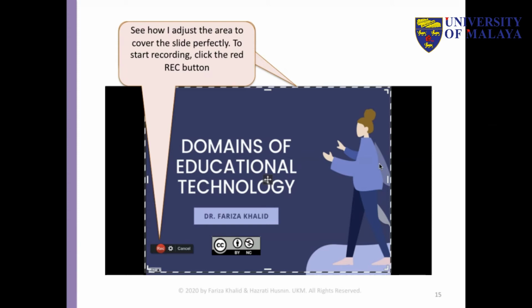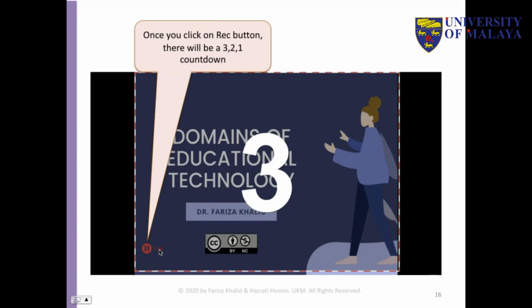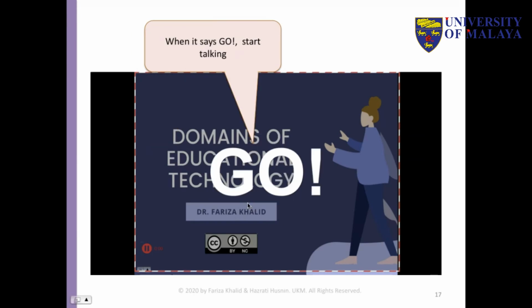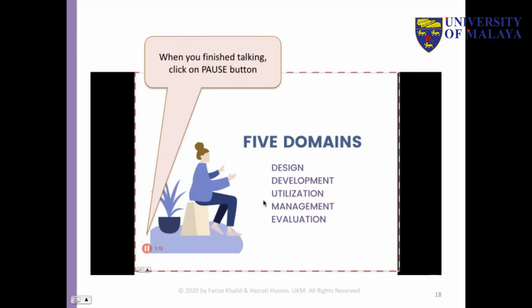So in this case, you have to adjust the frame so that everything fits perfectly. You don't want to include this white or black area, just only your slide. Then if you are ready, you just click on the record button, and then wait until the countdown is over, and once it says go, you have to start talking.